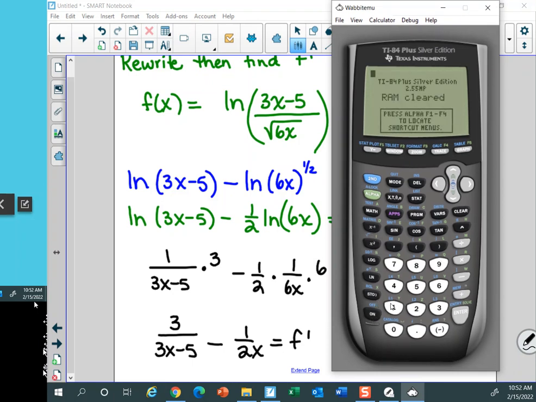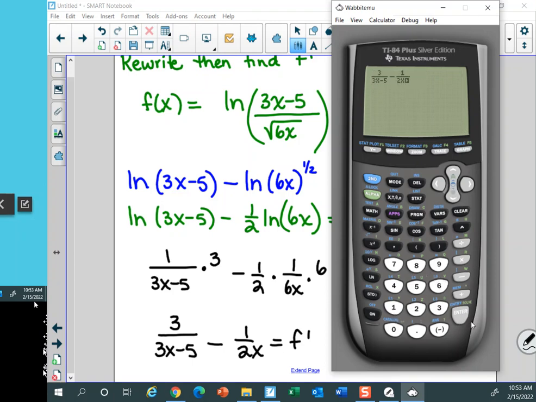So let's see. Let's make x be 1. So then if I typed in, see how quick I can do this, 3 over 3x minus 5 minus 1 over 2x.